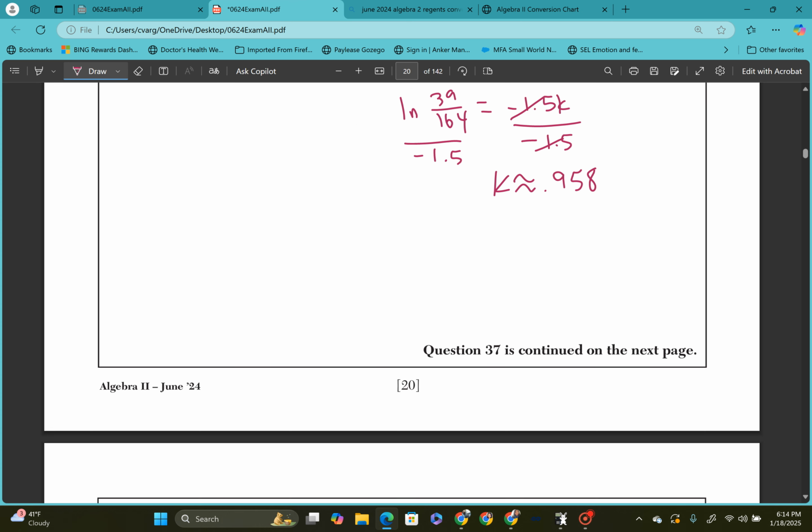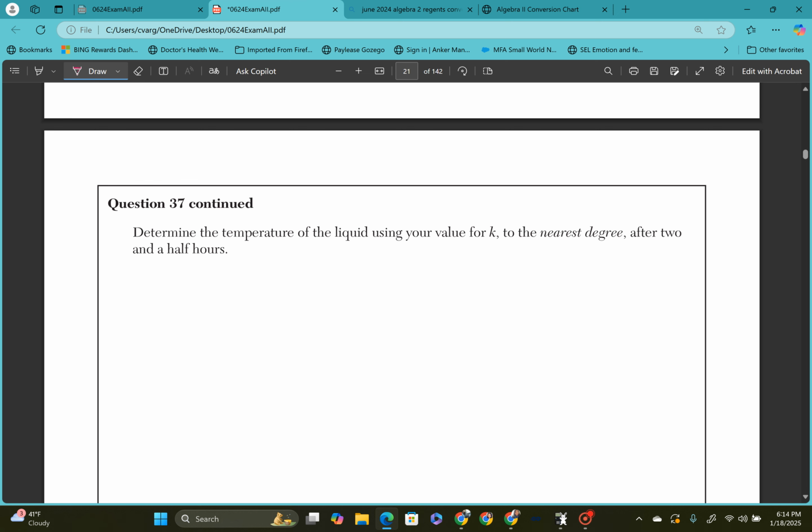Okay. All right. Then it says determine the temperature, and again, this does not say algebraically, after 2.5 hours. Okay, so now we know what our k is. So let's go to our function again. So I have 73 plus 237 minus 73 e to the, and it says determine the temperature of the liquid using your value for k after 2.5 hours.